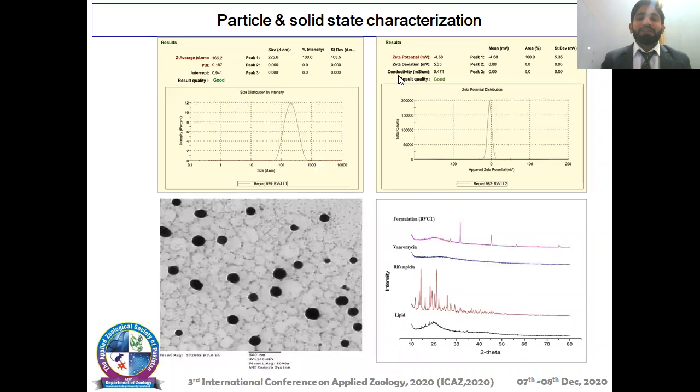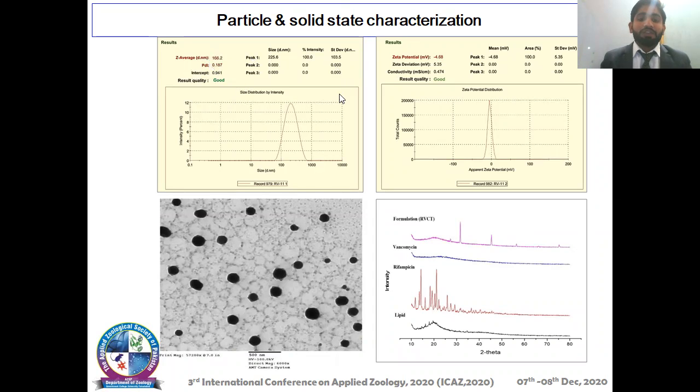Then comes the result of the zeta analysis. The particle size was found to be 166.2 nanometers, which was desirable because it is in the range of 100 to 200 nanometers. This size is required for the transferosomes to reside inside the macrophages for targeting the leishmania parasite. PDI is below 0.2, at 0.187, which indicates that particles are uniformly distributed.